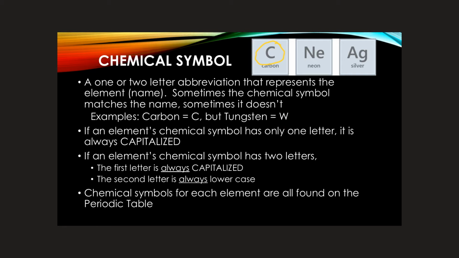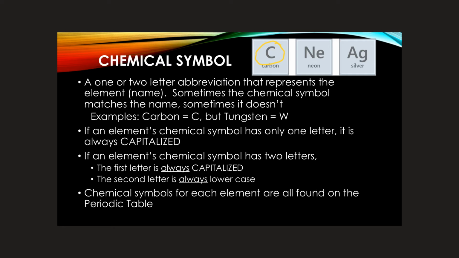Now here's the next thing that's very critical. If an element's chemical symbol has only one letter in it, it is always capitalized. So again, for example, the elemental symbol for carbon is a capital C, right? If an element's chemical symbol has two letters, the first is always capitalized and the second is always lowercase.